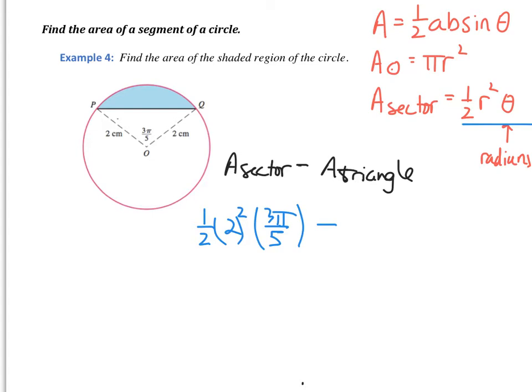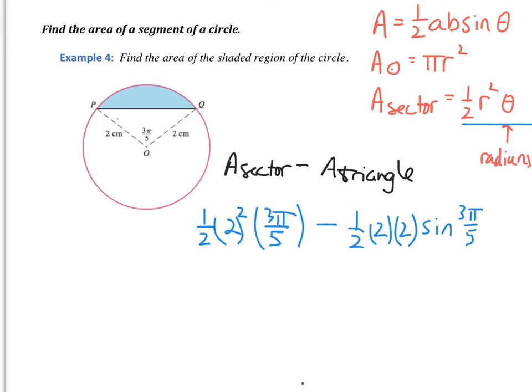Anybody? A squared? No, actually A times B. Let's use the actual numbers from the picture. Half times 2 times 2, because A is 2 and B is 2, and then times sine of 3 pi over 5.